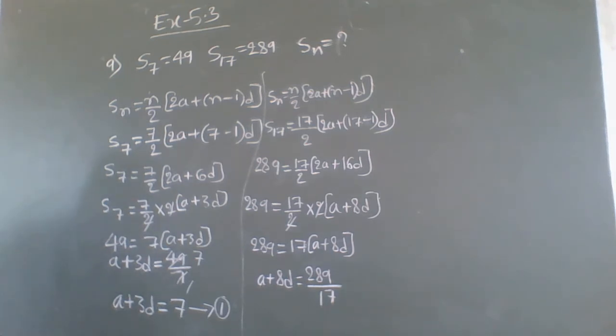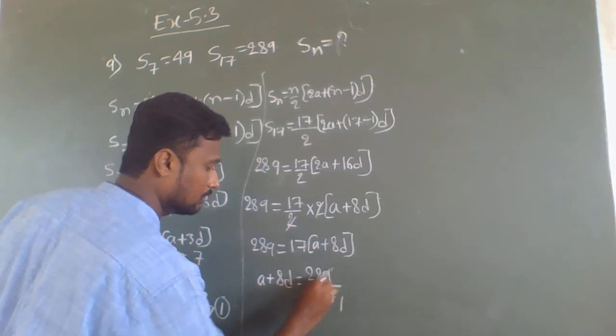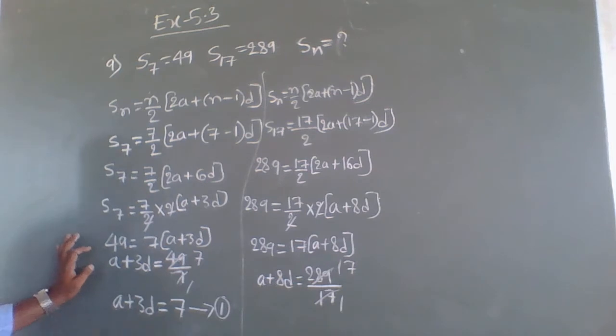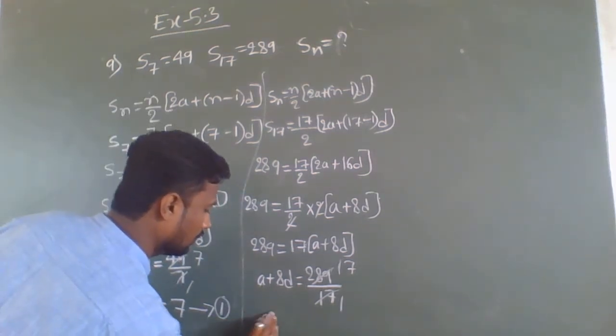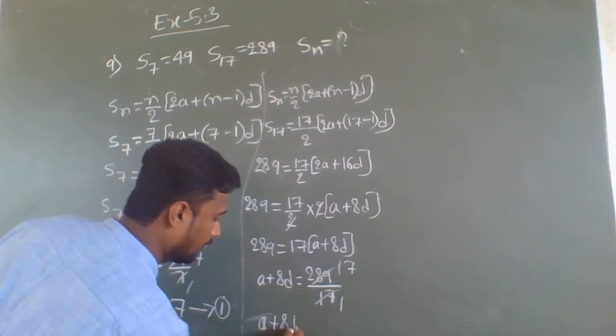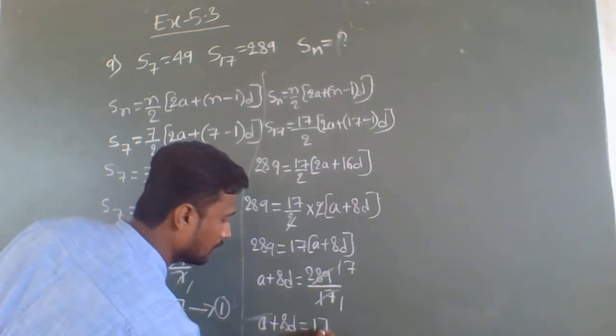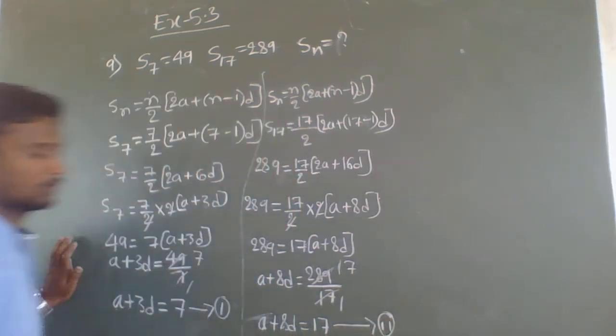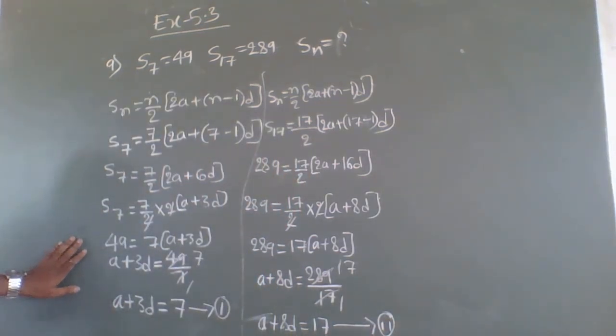Here I will write it directly: we'll get the answer 17 only. Therefore, a plus 8d is equal to 17. This is equation 2. Now I got equation 2.